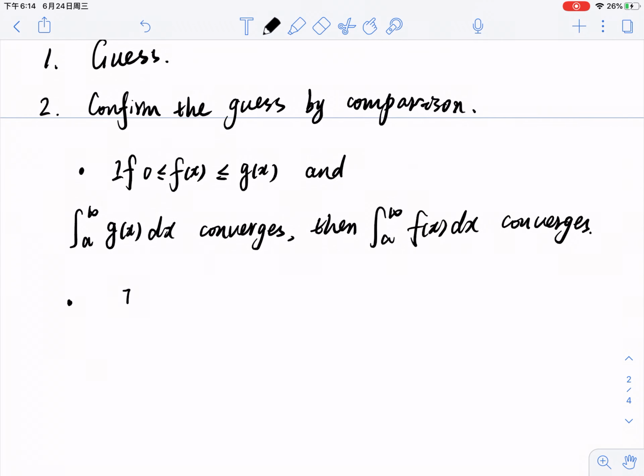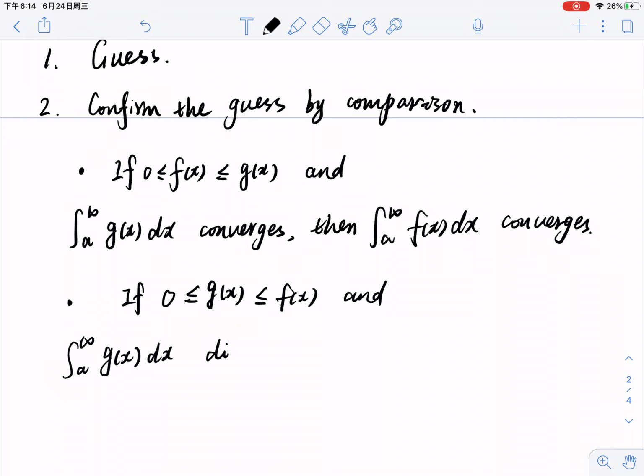Next, if we have g(x) greater than or equal to 0, less than f(x), and the integral from a to infinity of g(x) dx diverges, then the integral from a to infinity of f(x) dx diverges.